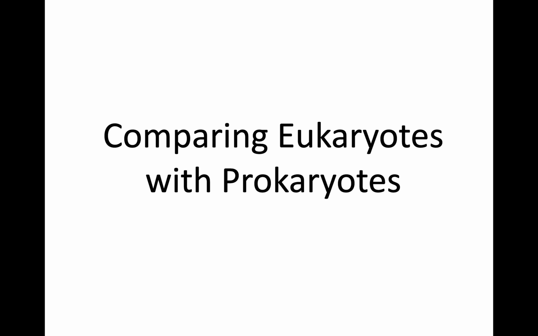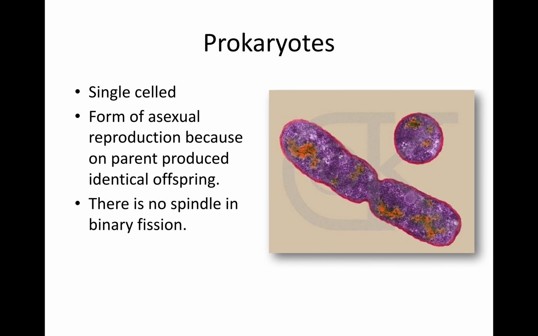The last two slides we have are comparing prokaryotes and eukaryotes. Remember, eukaryotic cells have a nucleus and prokaryotic cells do not. Prokaryotes are single-celled. There's literally one cell per organism. They use a form of asexual reproduction, because one parent produces an identical offspring.